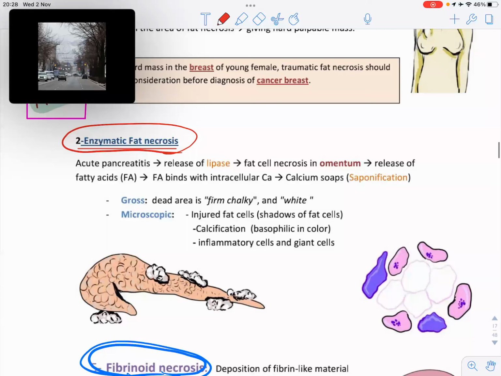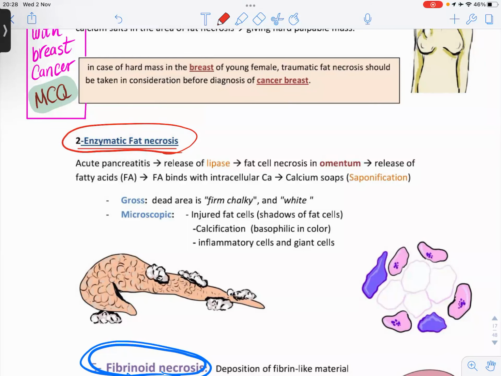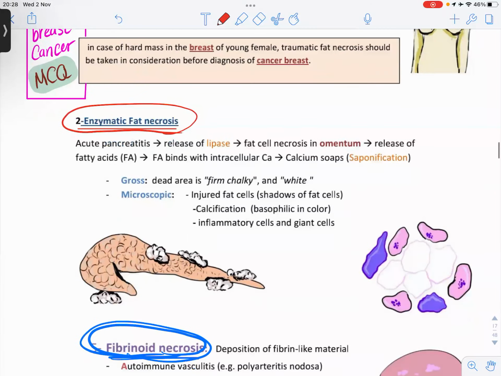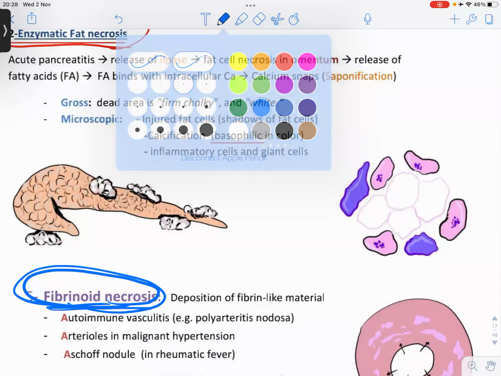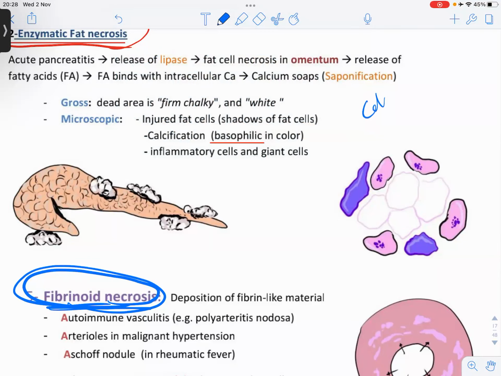It's lethal. And inside the abdomen, we know that calcium is basophilic, not eosinophilic. Basophilic means the color is blue, bluish color. So this is the calcium, and this eosinophilic is the fatty acids. The fatty acid is like protein.